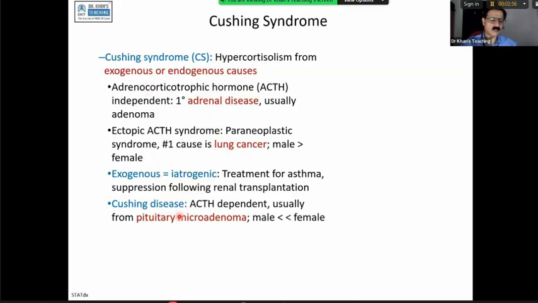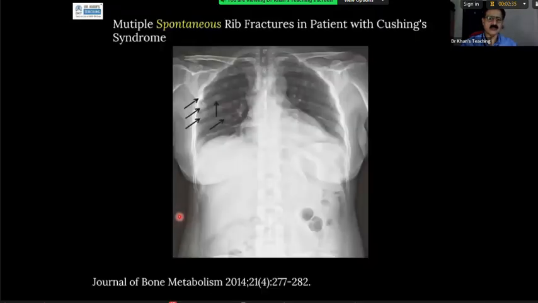This one is disease. So now what the examiner can ask you, if you have got this concept, is that they can show you mix and match type of films, or they can show it to you in a long case. Some microadenoma sitting in the pituitary and something like this, with no history of trauma. Look at this case from literature: multiple spontaneous rib fractures in a patient with Cushing syndrome.